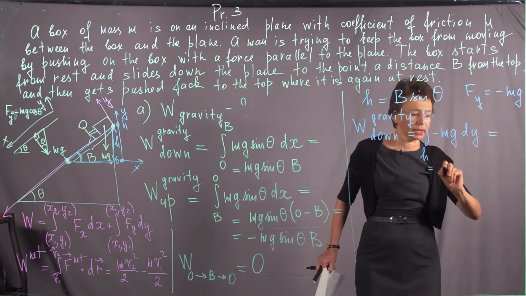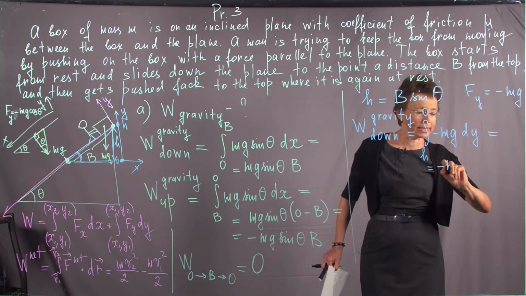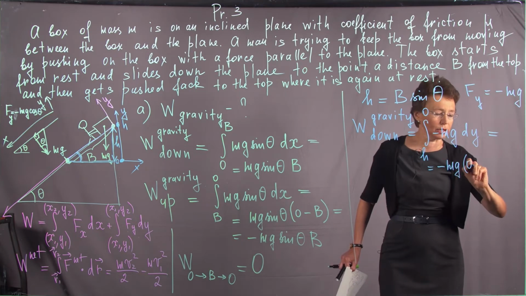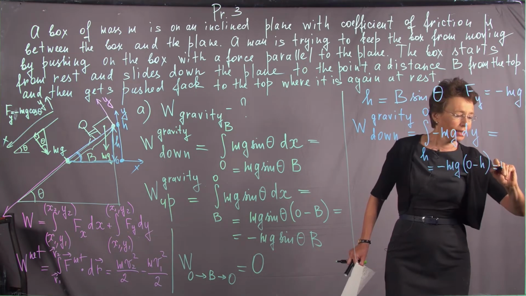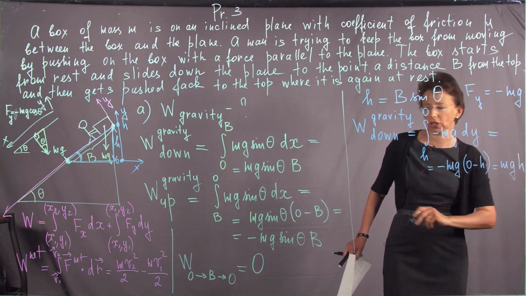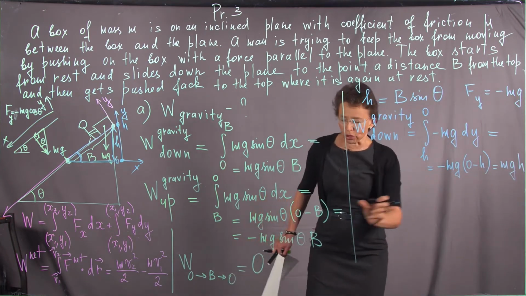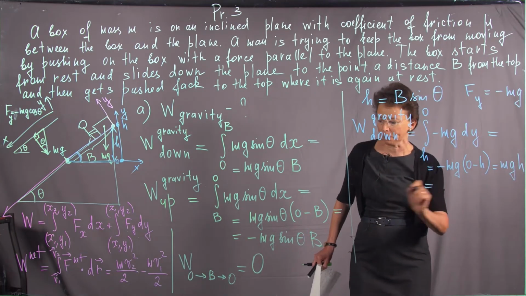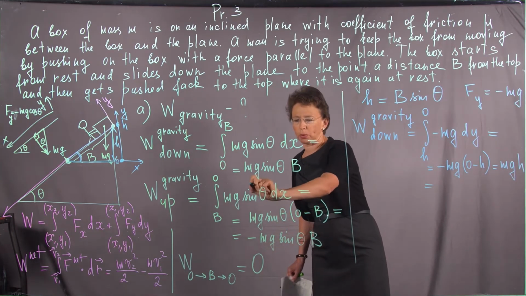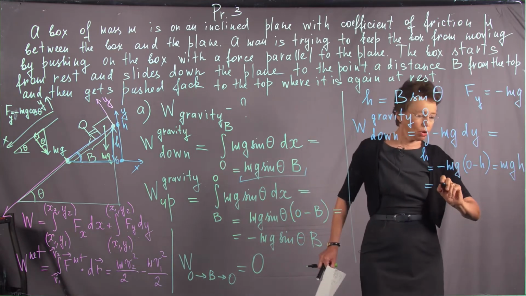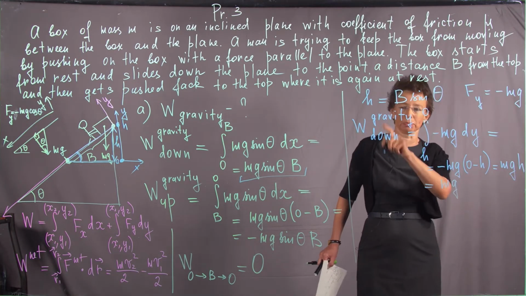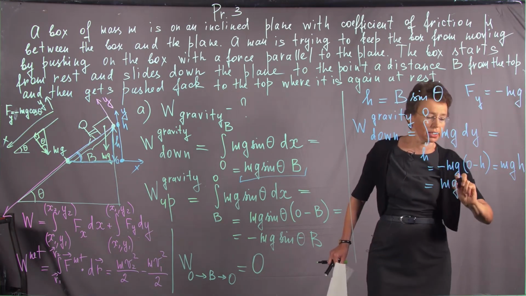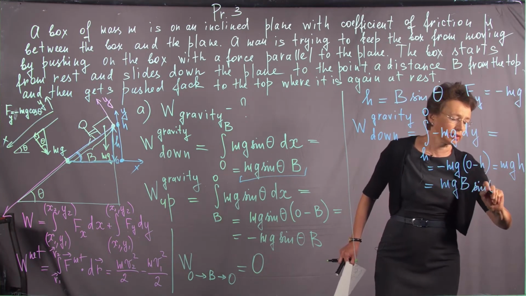And we take this integral, we get minus mg y, with limits 0 minus h, I get mgh. Is it the same or different than this? Since h is b sine theta, it is the same as what we have on the left. So my work done by gravity on the way down is mgh, and h is b sine theta.